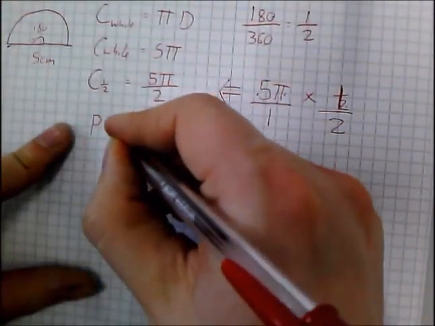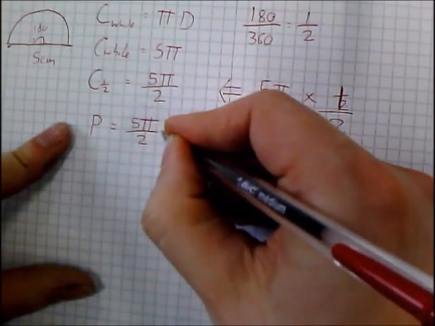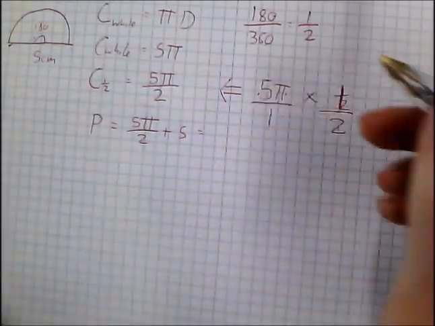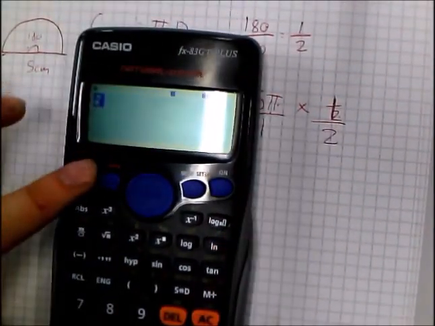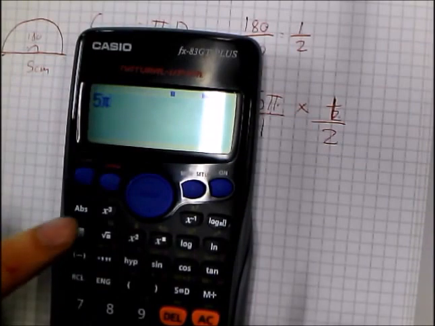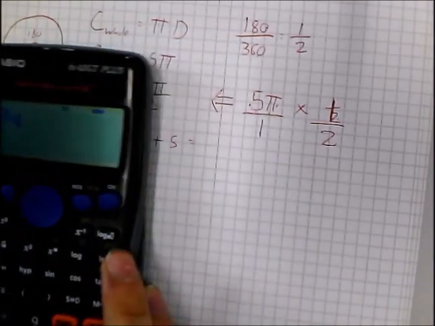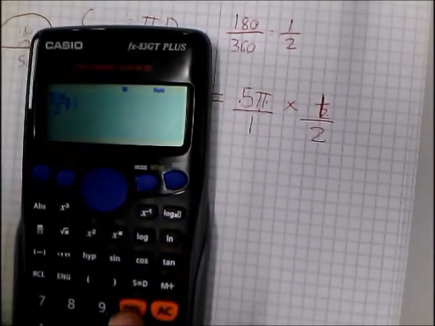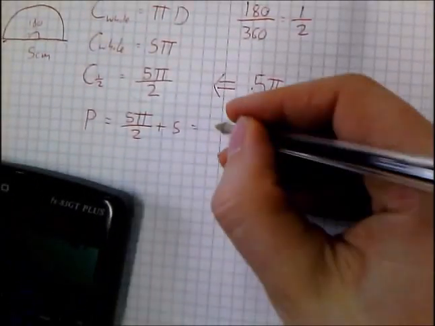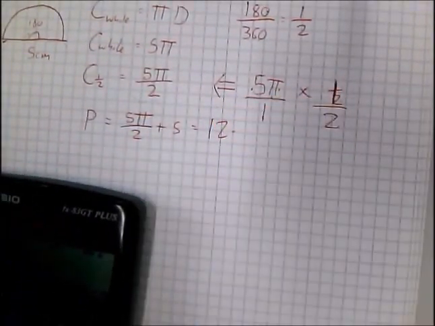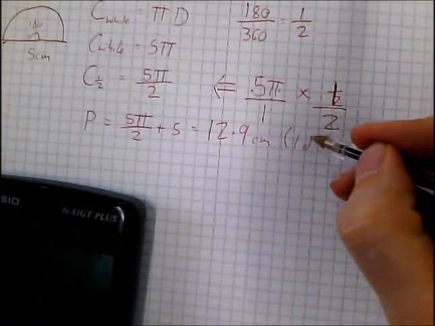So the perimeter is 5 pi over 2, add 5, which I can now do on my calculator. 5 pi over 2, plus 5. Okay, and now I can put in my final answer, 12.9 centimeters to 1 decimal place.